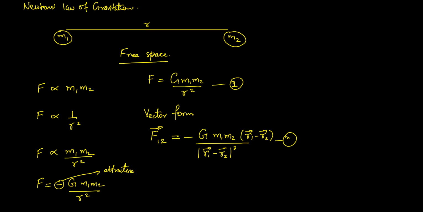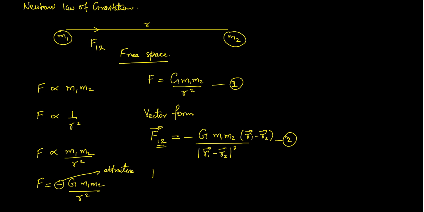Let's say this is equation number 2. Now what about the direction? Looking at the figure, m1 is being attracted by m2. It means the direction of force on the first particle due to the second one is from 1 to 2.